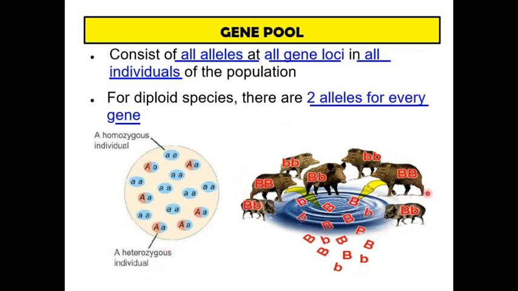Also an example here, we can see a population of pigs that consists of homozygous dominant, homozygous recessive, and heterozygous. For one gene, a pair of alleles should be present to show the characteristic or trait.